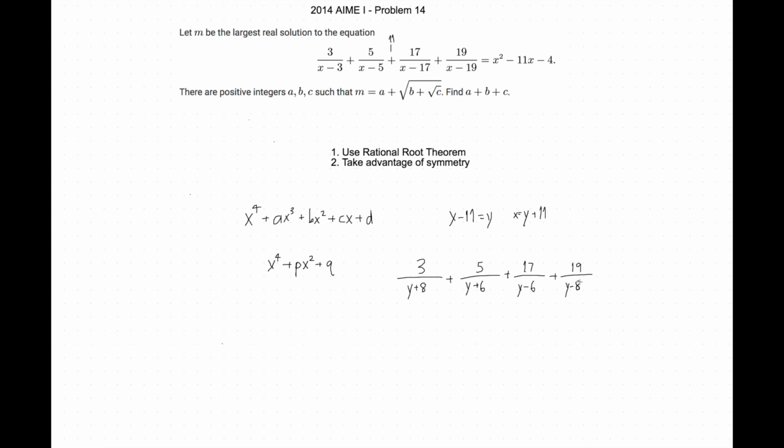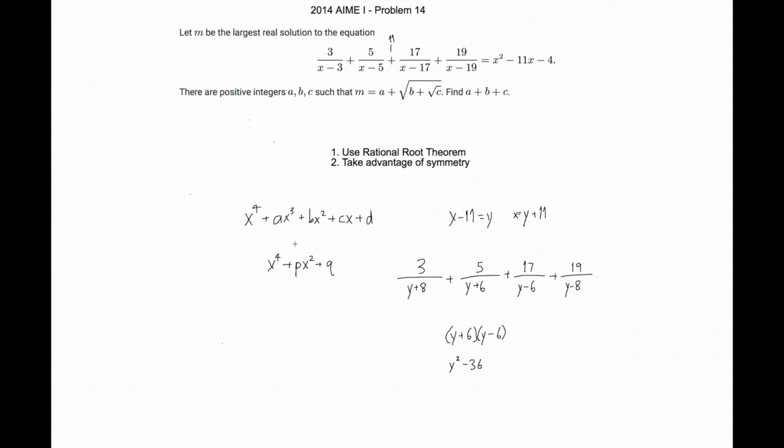And we can easily combine these denominators because y plus 6 times y minus 6, this product comes out to y squared minus 36, and we lose the linear term, which makes it, again, easier to solve because we took advantage of the symmetry and we could try to solve it as if it were quadratic, which is a degree lower.